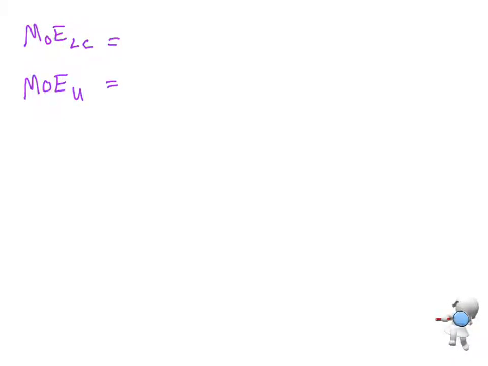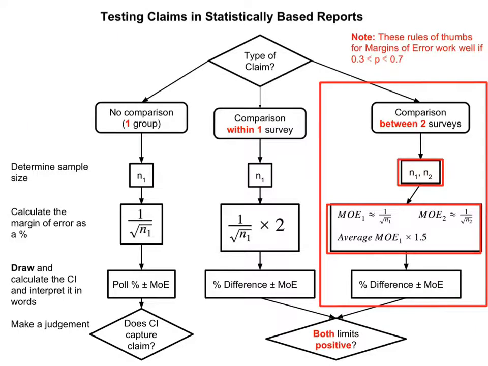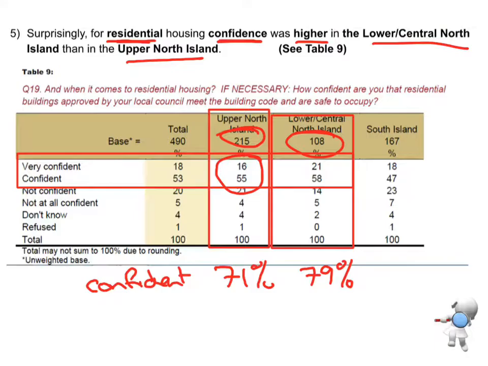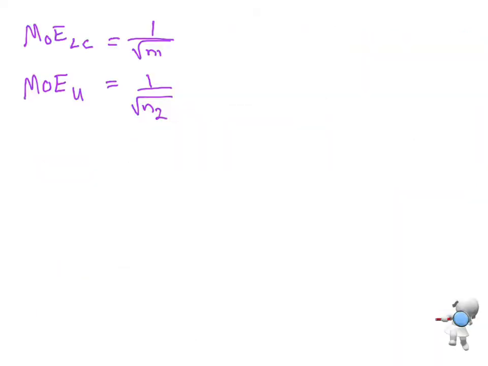The formula says 1 over the square root of n1 and 1 over the square root of n2. So N1 is 108 and N2 is 215. So 1 over the square root of 108 and 1 over the square root of 215.